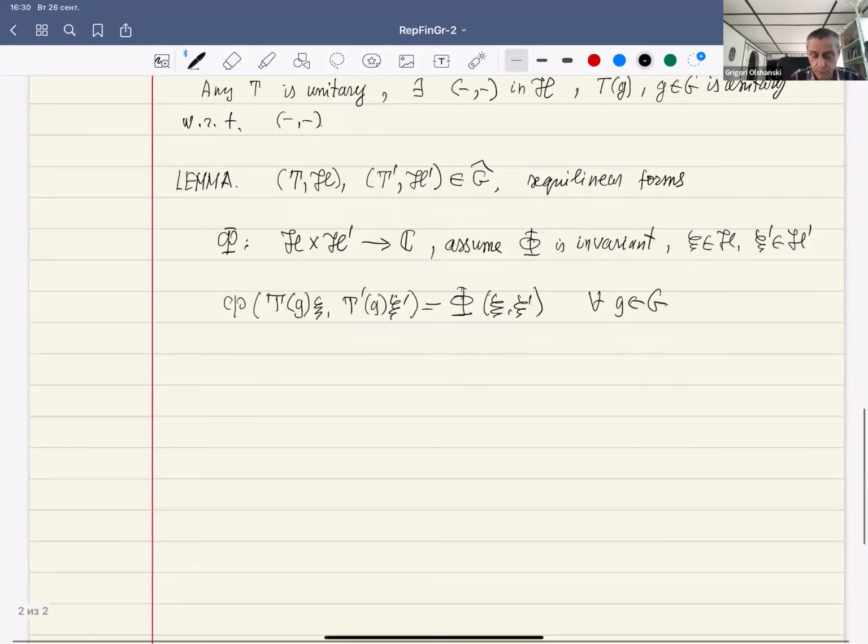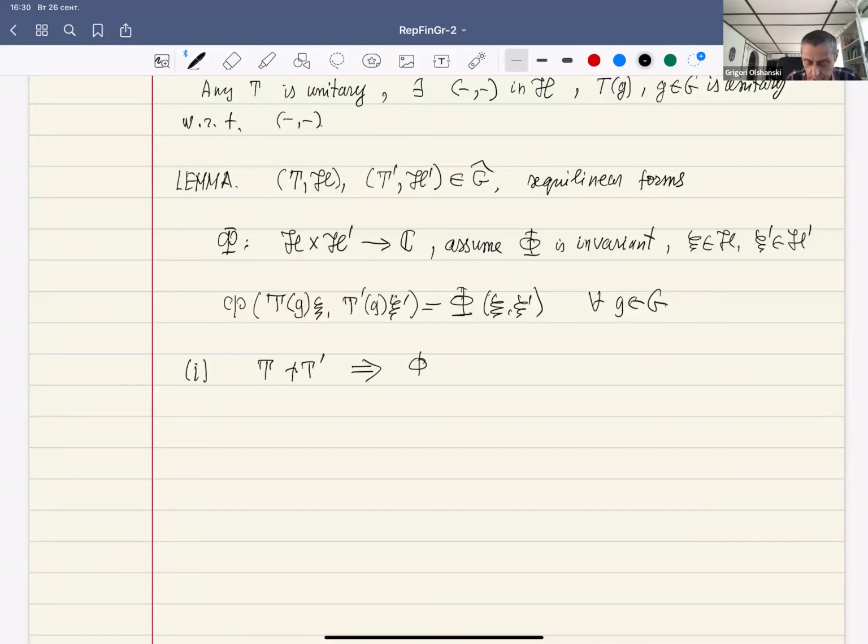Now we have the following claim. So first, assume that T and T prime are non-equivalent. Then there is no such form, so this implies that phi is equal to 0. And next, assume that they are equivalent.